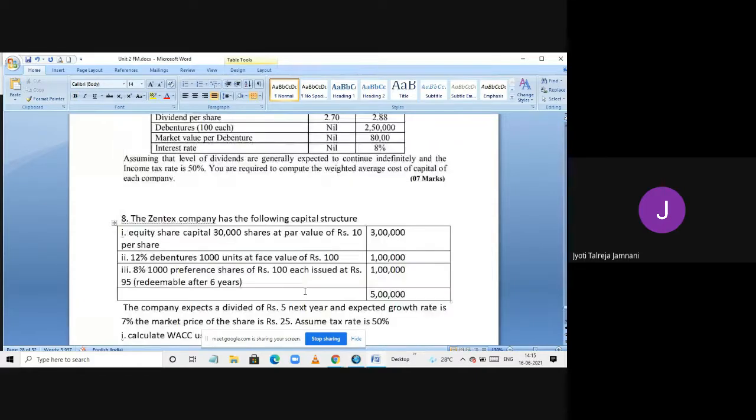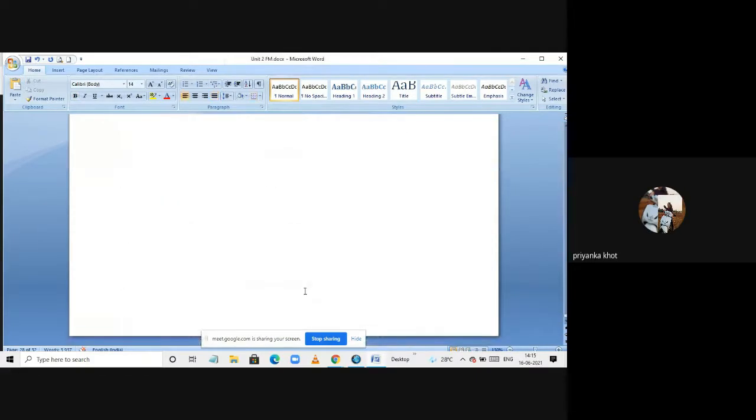Get the formula. Ma'am, interest rate, ma'am? We'll calculate. It's there in the balance sheet.